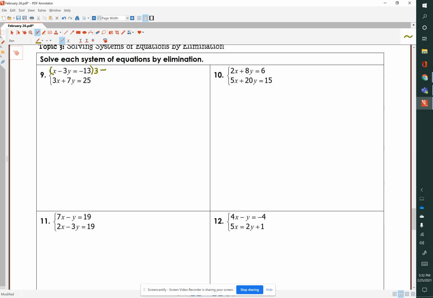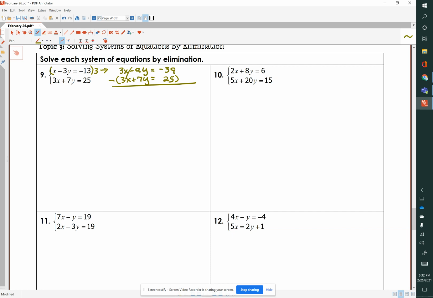So let's do that. So that will give me 3x minus 9y equals negative 39. And then I've got my second equation, 3x plus 7y equals 25. And then I'm going to subtract the second equation from the first. Be mindful of that negative sign there, of that subtraction.